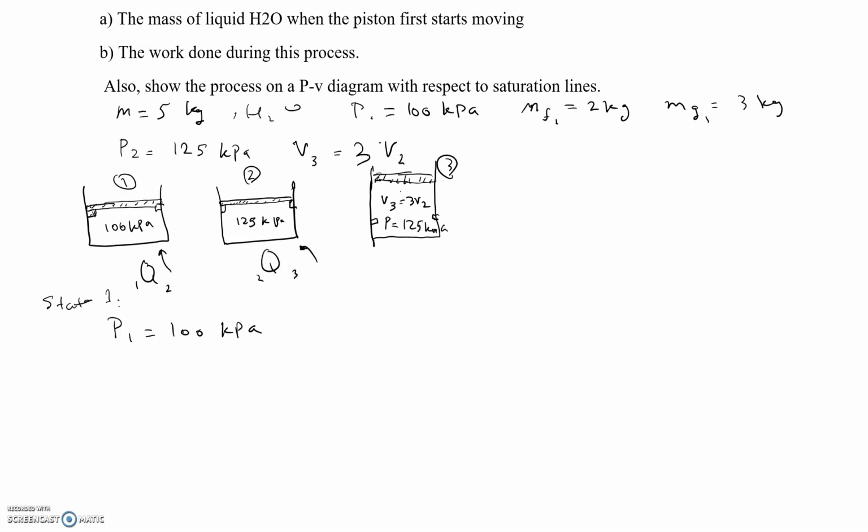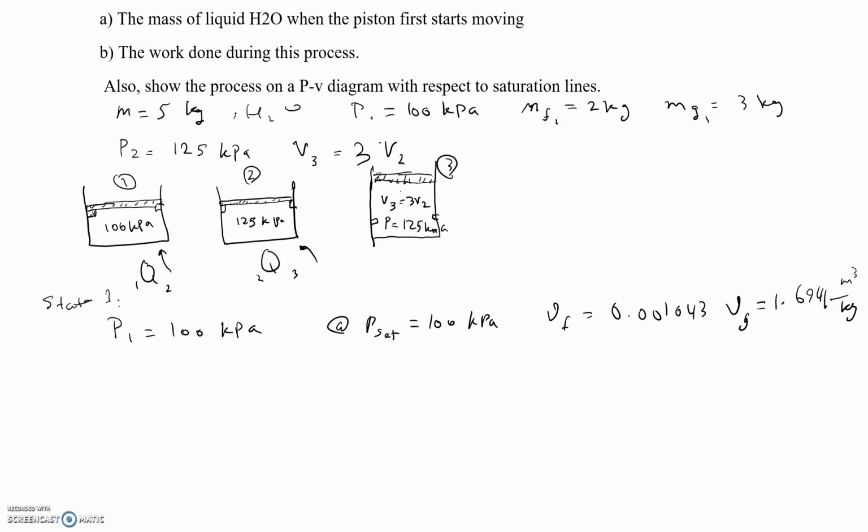If you refer to the tables at P saturation equal to 100 kilopascal, that's table A5, you can read the values of nu f, which is 0.001043, and nu g, which is equal to 1.6941 cubic meter per kilogram, right?